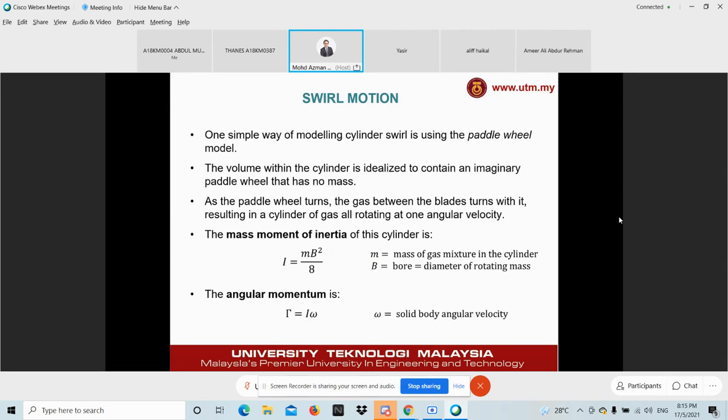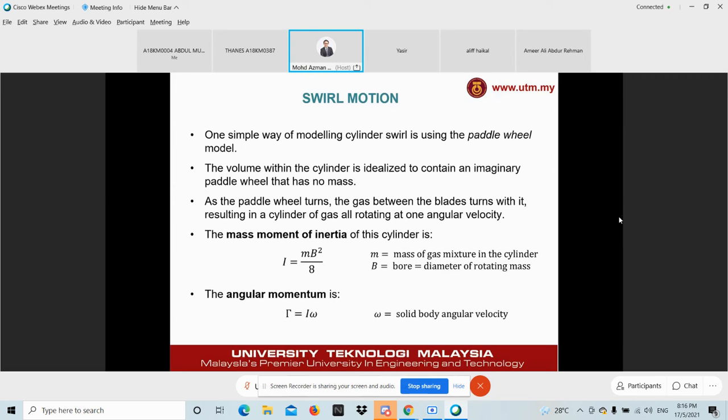One simple way of modeling cylinder swirl is by using the paddle wheel model. The paddle wheel is one of the common standard measurement tools used to measure the swirl ratio. The volume within the cylinder is idealized to contain an imaginary paddle wheel that has no mass. As the paddle wheel turns, the gas between the blades turns with it, resulting in a cylinder of gas rotating at a velocity.